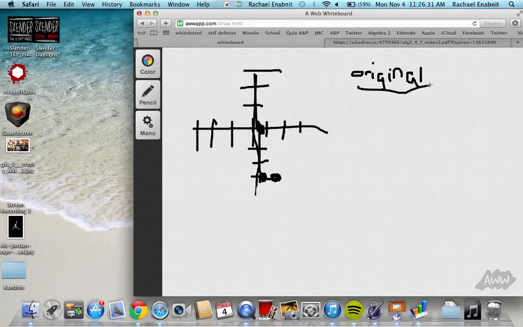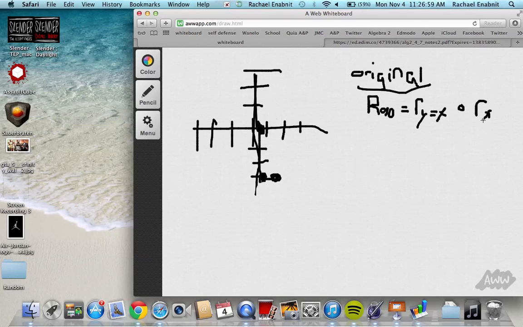So the original one was R of 90 equals R of y equals x following R of x.